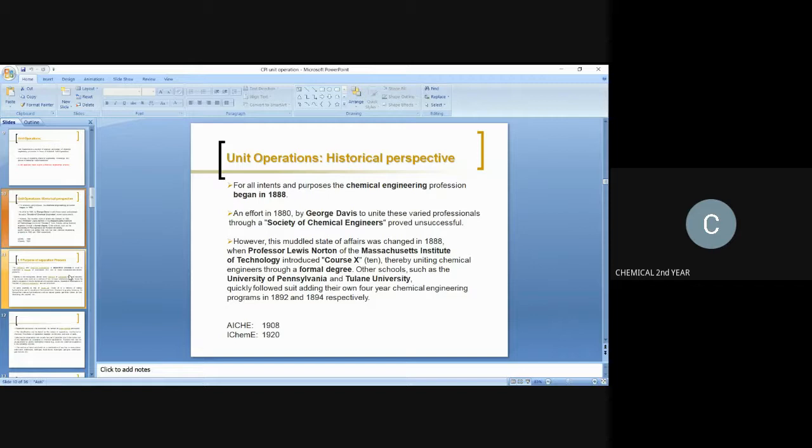However, this muddled state of affairs was changed in 1888 when Professor Lewis Norton of the Massachusetts Institute of Technology introduced Course 10, thereby uniting chemical engineers through a formal degree. Other schools such as the University of Pennsylvania and Tulane University quickly followed suit, adding their own four-year chemical engineering programs in 1892 and 1894 respectively.